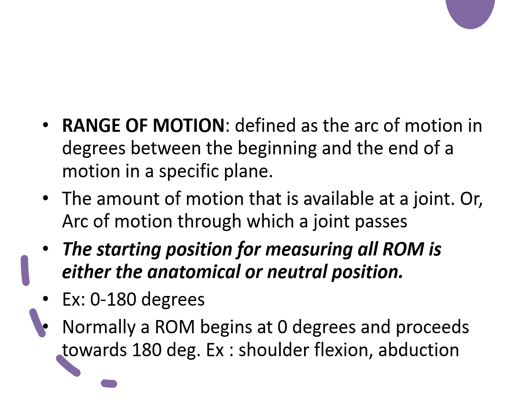Starting from 0 degrees, when your arm is hanging close to your body, going up and above your overhead, that is completely 180 degrees, and that is the arc of motion which your joint is doing in a specific plane.